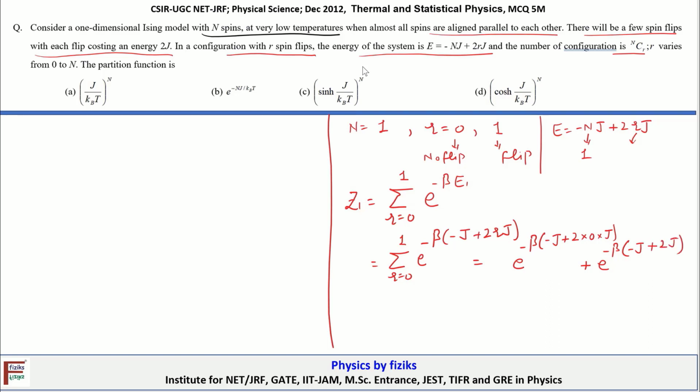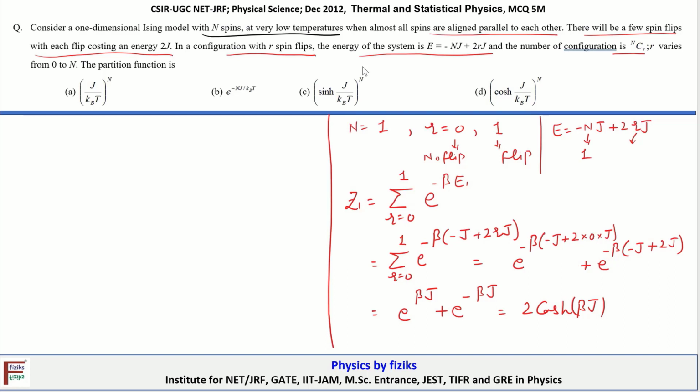And that comes out to be exponential beta j plus exponential minus beta j, which is nothing but 2 times cosh beta j. Now what will be the situation for the two spins?